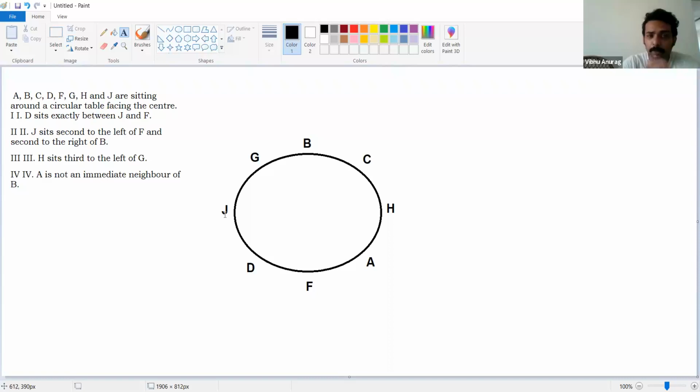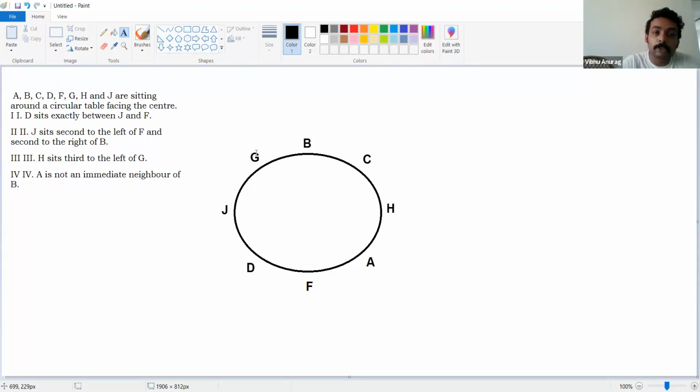Then the only tricky part was positioning G. If I position G here, then third to the left is J, so I can't put H there. If I put G opposite to J, then third to the left is D, so again I can't put H. If I put G opposite to D, then third to the left is 1, 2, 3, F. So I can't put G in any of these places.